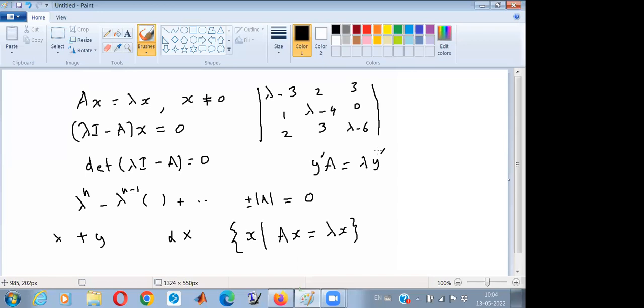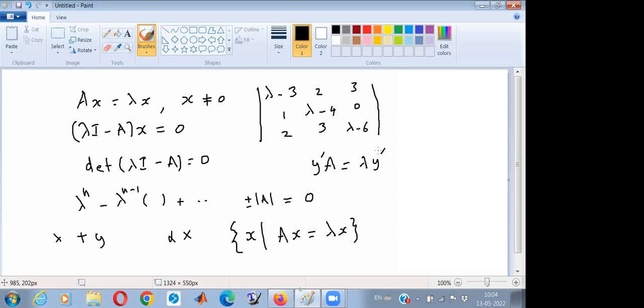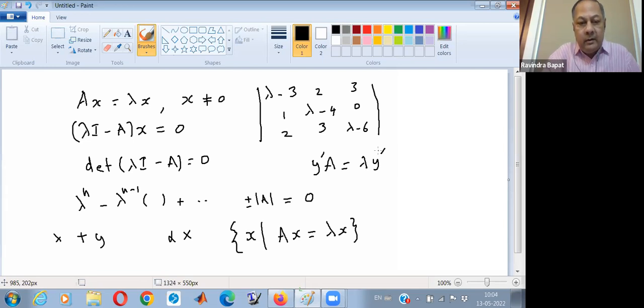Sir, the matrix lambda I minus A is called lambda matrix. Yeah. So if we call it lambda matrix, then how do we know that this lambda is commutative or not? No, I'm not talking about the Penrose theorem right now. I'm just introducing general eigenvalues.